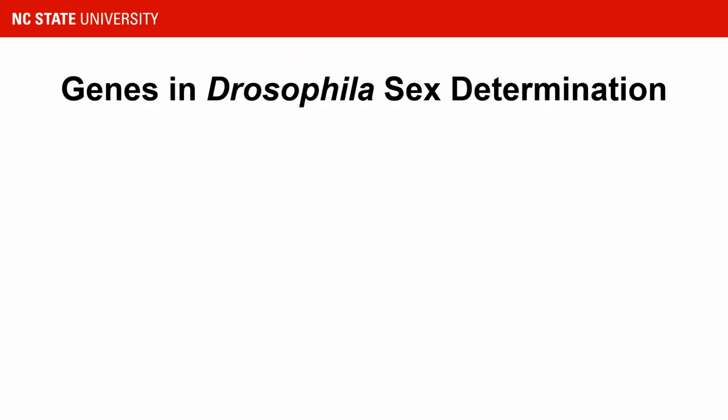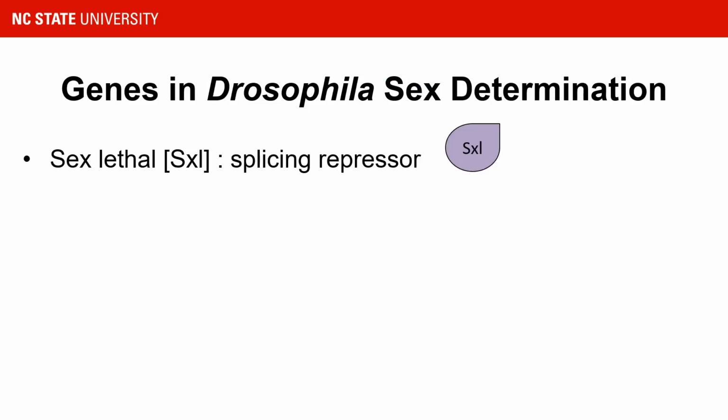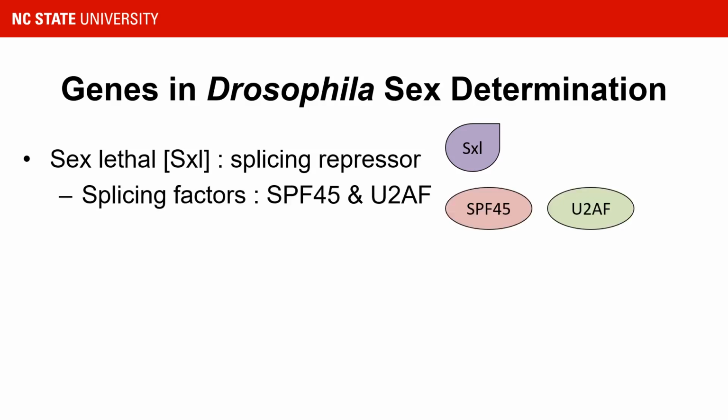First, let's understand key genes involved in Drosophila sex determination. Sex-lethal, abbreviated SXL, is a gene that encodes a splicing repressor. Sex-lethal promotes skipping of normal splice sites by interrupting factors such as SPF45 and U2AF that normally promote splicing.